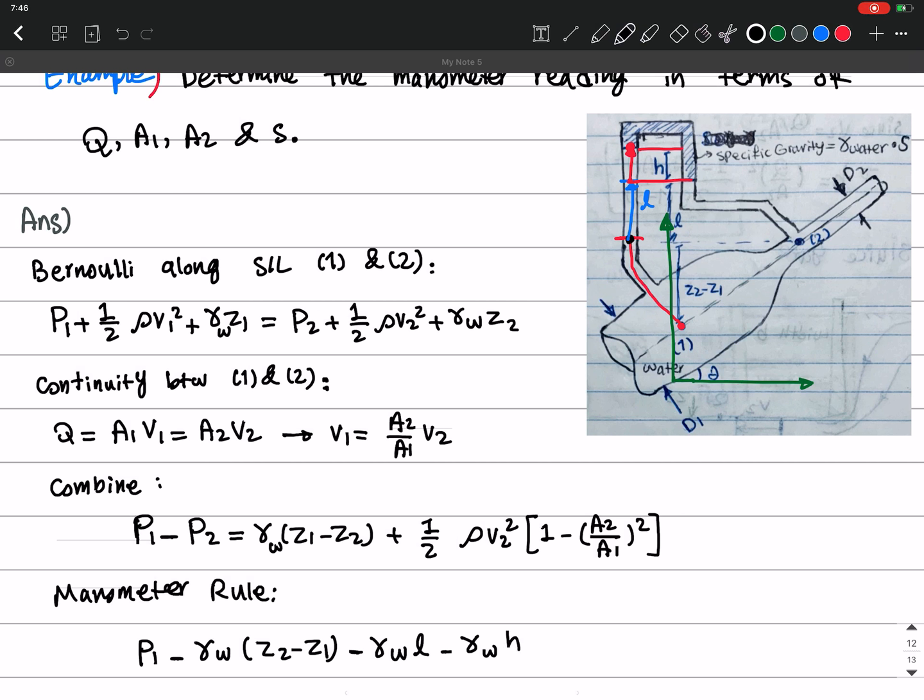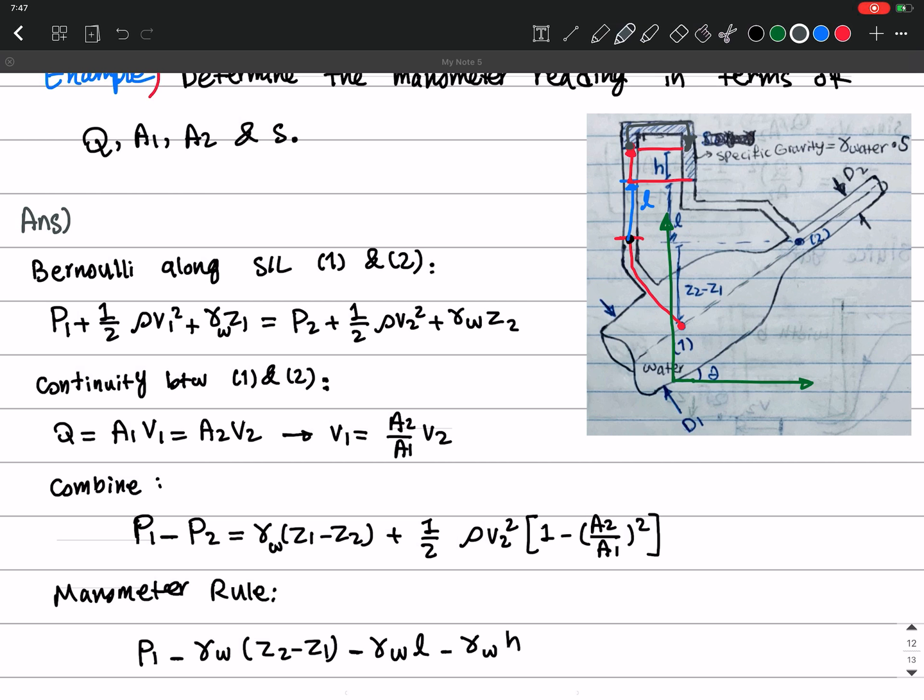And from this point to this point, my vertical direction does not change. So the pressure from here to here is the same, because in this coordinate system only the vertical depth of the flow matters.